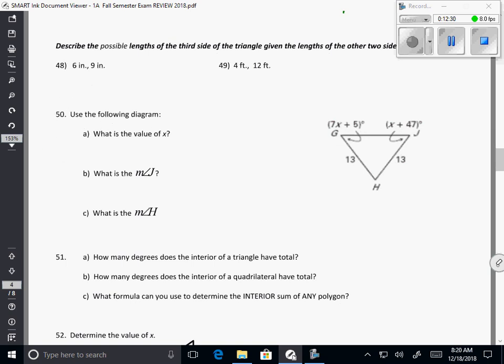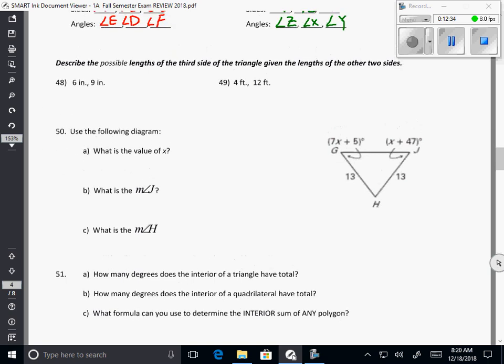Describe the lengths of the third side of the triangle given two of the sides. So we're not told it's a right triangle or anything. We just know that the third side has to be greater than the difference between the two, and it has to be less than the sum of the two.